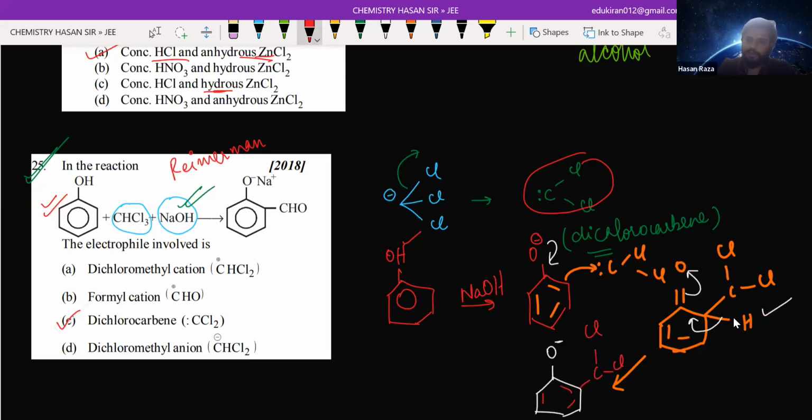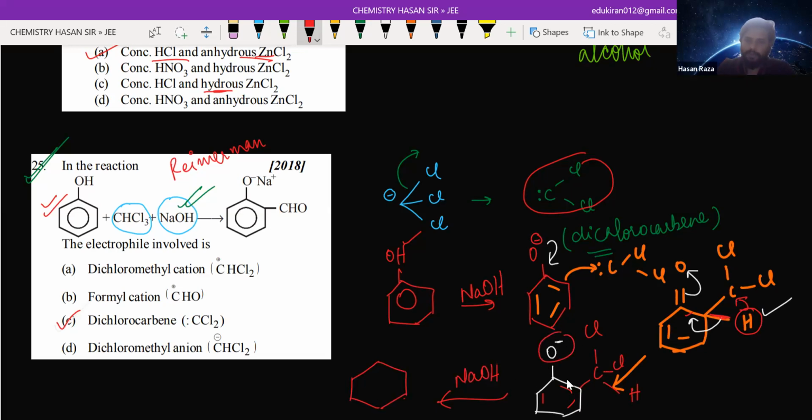And this hydrogen that we are talking about, this bond comes here, but this hydrogen will be related to this carbon, so there will be hydrogen. Now after this, again this NaOH is going to react with this. Very simple. You can see O negative is there.